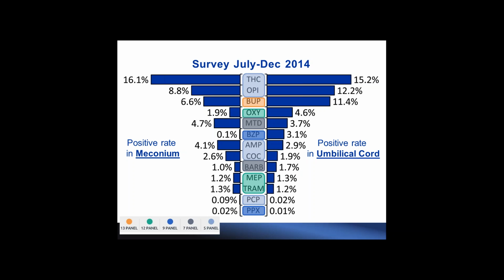That's number one. Number two, if the 5 panel is all you're looking for when you have suspicion about the mom's drug use behavior or history, 5 panel may be good enough. But I can't really represent all the community to recommend which drug panel to order. What we do see is that if the 5 panel is ordered, about 10% of the samples will be missed positive for those extended drugs.